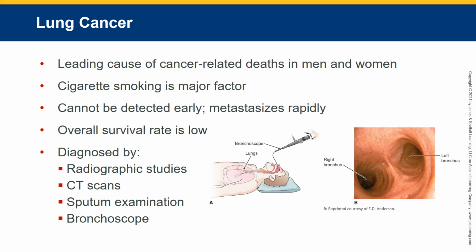The most common form is a squamous cell carcinoma, and the problem with lung cancer is, yes, it's killing off the cells in your lungs, but it metastasizes or goes other places really pretty easily. So that contributes to its pretty poor survival rate over a long term.